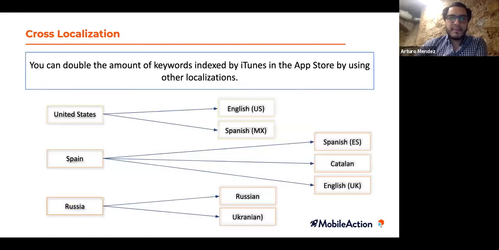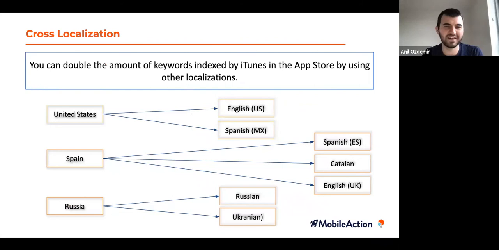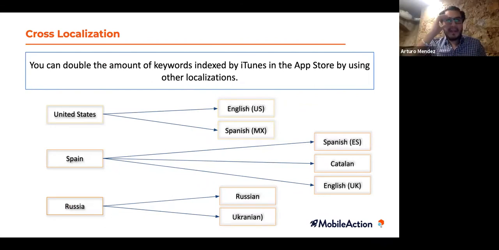And moving to cross localization, as I mentioned before, this is my favorite. This is specifically for iOS. In iOS, they have one App Store in one country, and this country is indexing two different localizations. This is really important because iOS only indexes the keywords that you have in the title, the subtitle, and the keyword field, which is a really narrow and small space to target keywords.